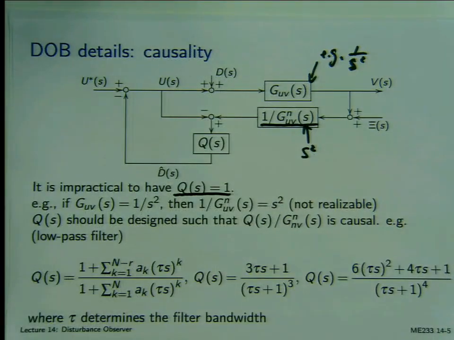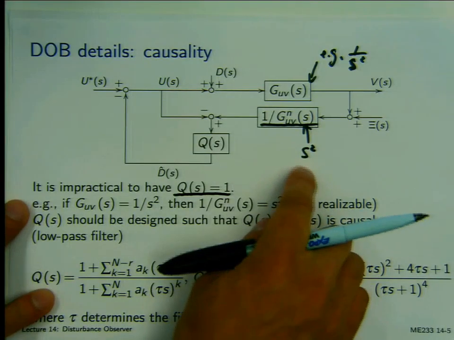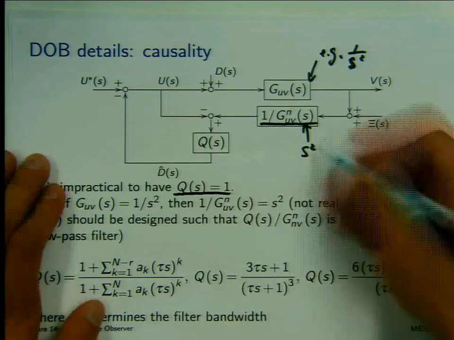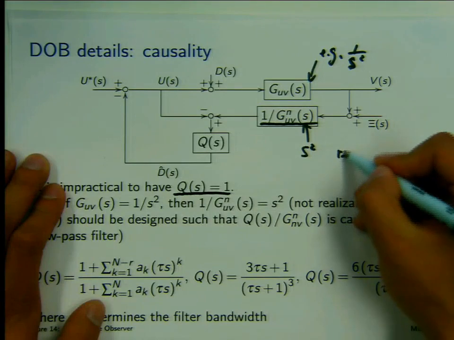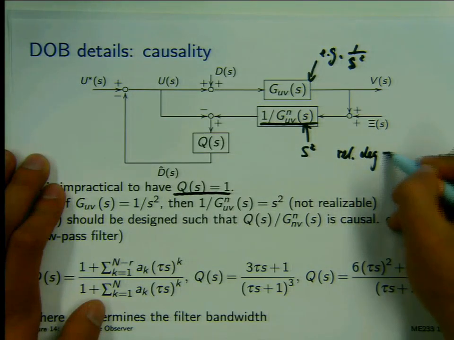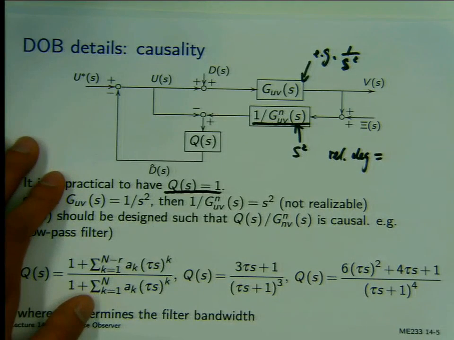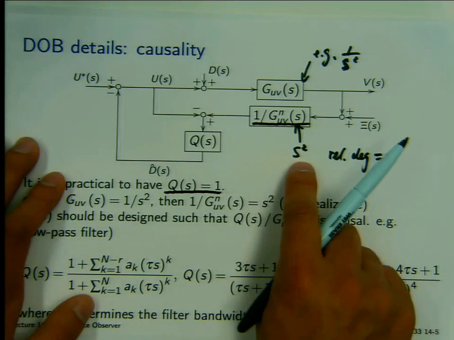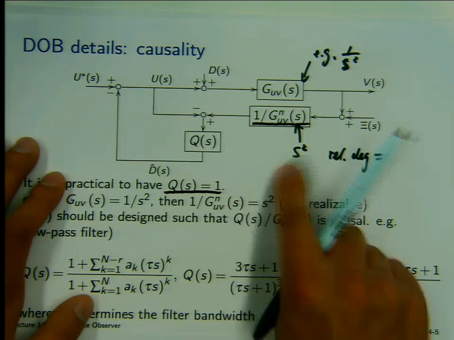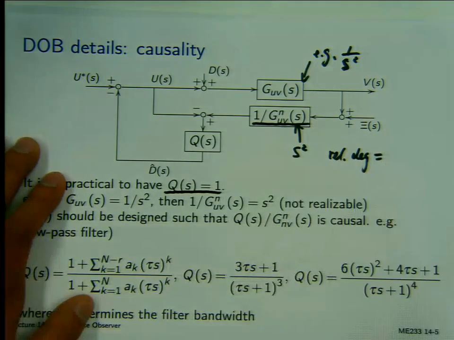Now, you all know that this guy is not causal. What's the relative degree of this guy? The definition of the relative degree is the order of the denominator minus the order of the numerator.